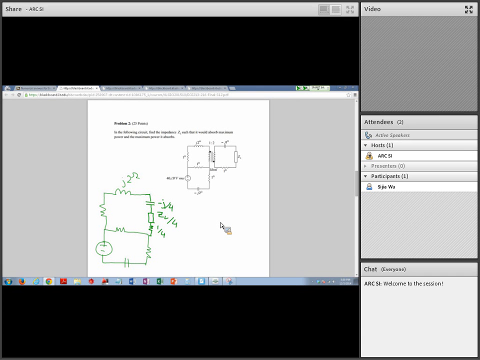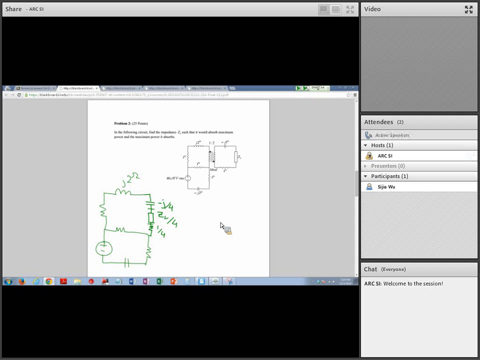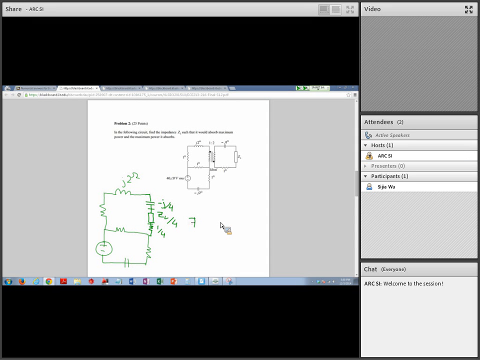You'll find the correct ZL. But when you do take the open circuit, it's very easy to forget there's the over 4 there, and you find Z, not Z, ZTH is going to be 4 times, or 1/4 of ZL.